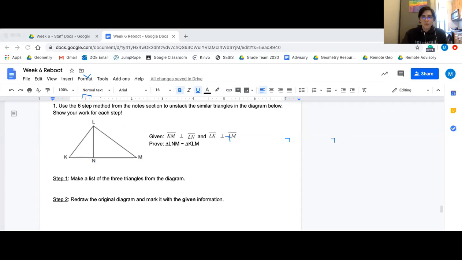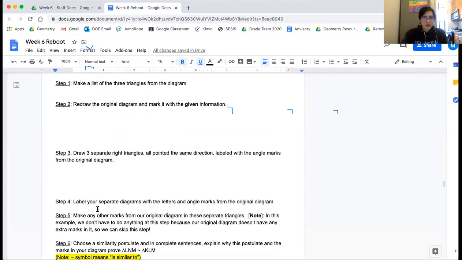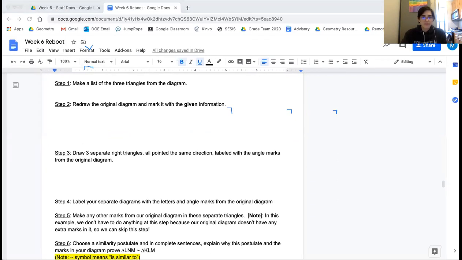Now step 4 asks us to label our separate diagrams with the letters and marks from the original diagram. So we're going to take the letters from our original diagram and put them here. Uh-oh. My precious right angle marks, what happened? This is weird.